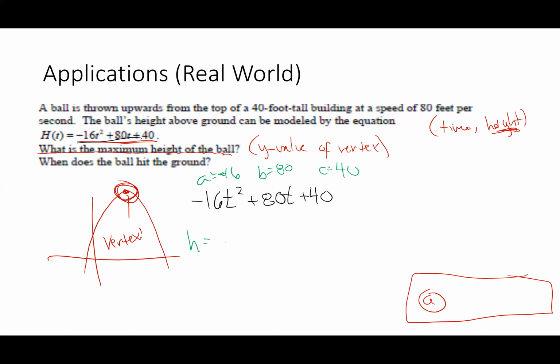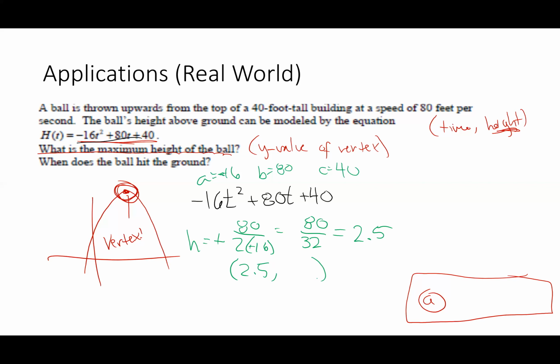So H is negative B over 2A. Those negatives are going to cancel, and I get 80 over 32, which is going to reduce really nicely to around 2.5. Now, I could write this as 5/2, but whatever. We're just going to be plugging this in anyway, so it's fine to keep this as decimal. It's easier to work with, honestly.